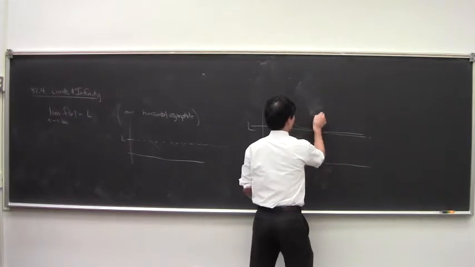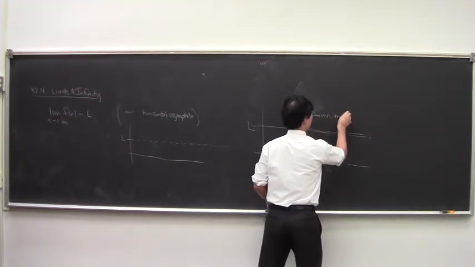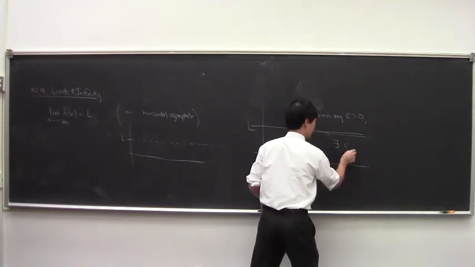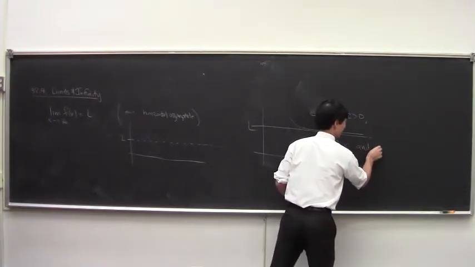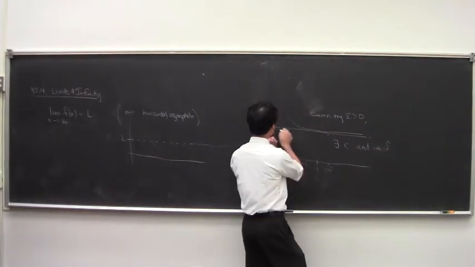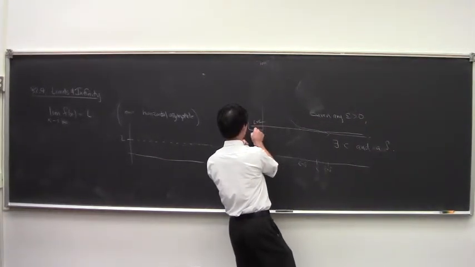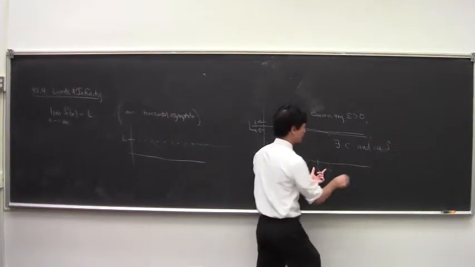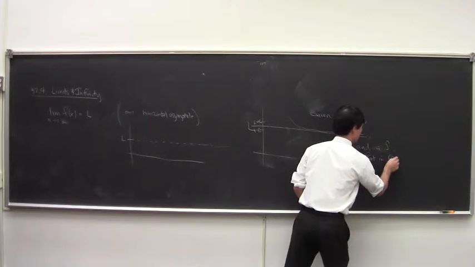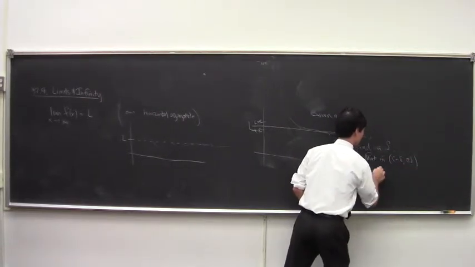Okay, so what you're saying is this. Given any epsilon, there's a C and a delta, so that in C minus delta, C plus delta, the following is satisfied.